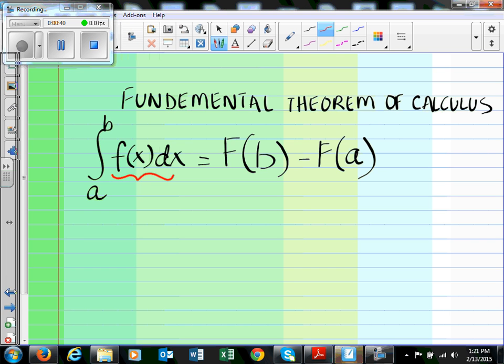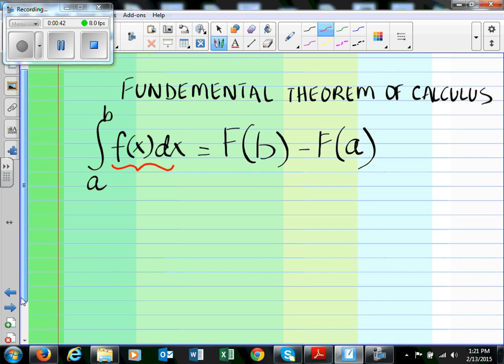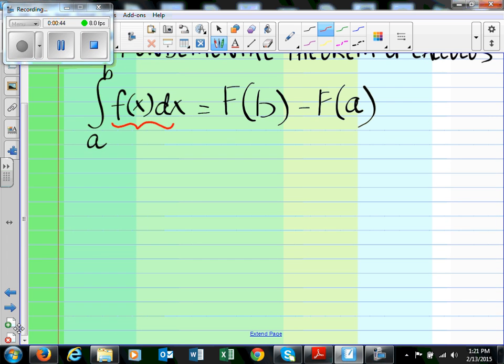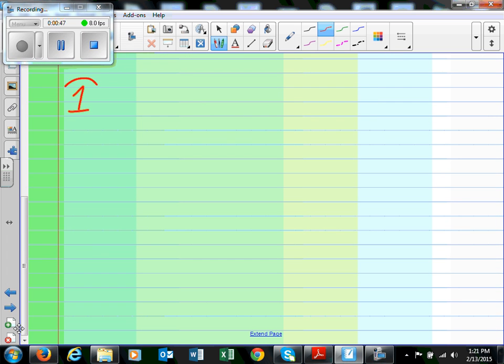So the first example, it was one of your homework problems. The first problem that I want you to try, the antiderivative, if I have the integral from -1 to 2 of x plus x squared dx.